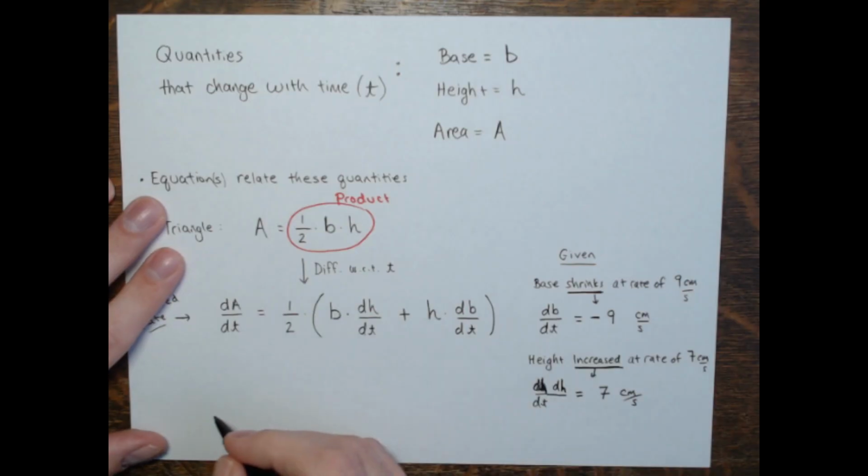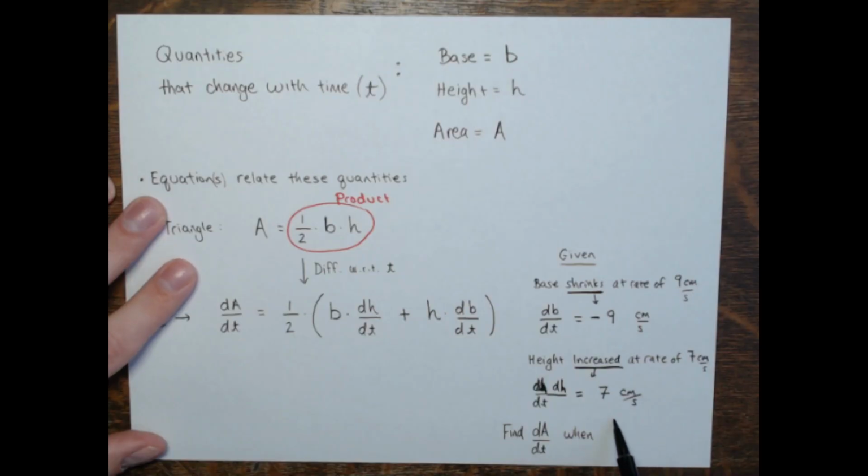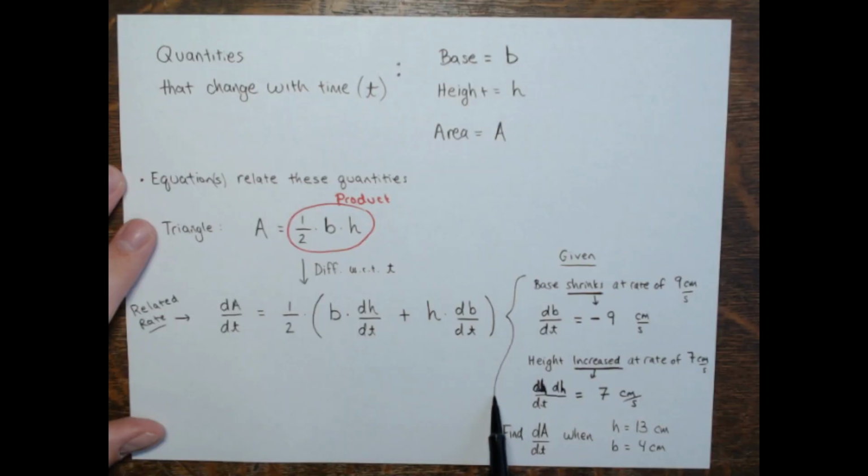And we're asked to find the final part of the question, the rate at which the area is changing, right? So dA over dt, at the moment when the height is 13 centimeters and the base is 4 centimeters. So they gave us all this information, and I'm just plugging that stuff into my equation here.